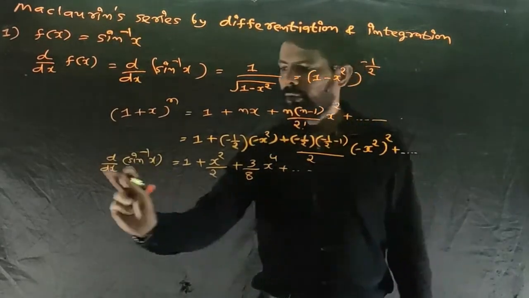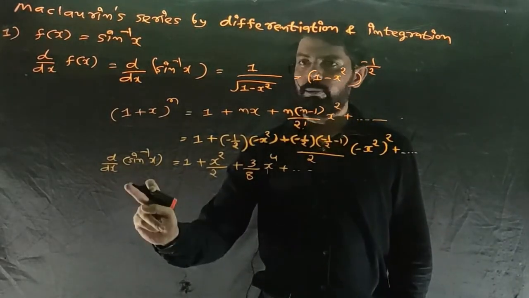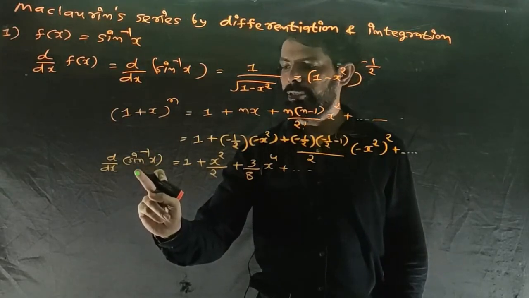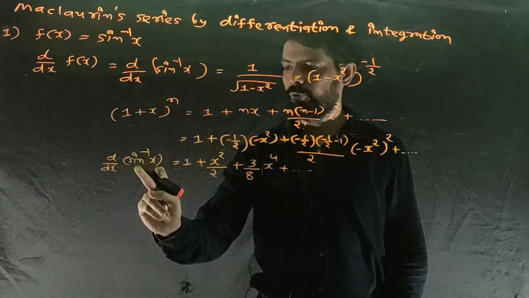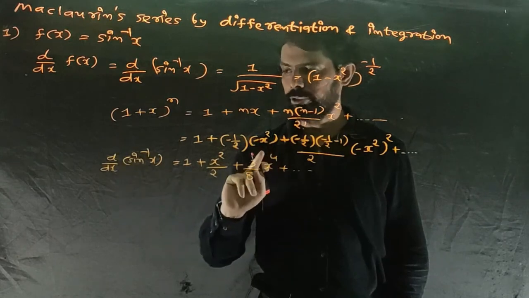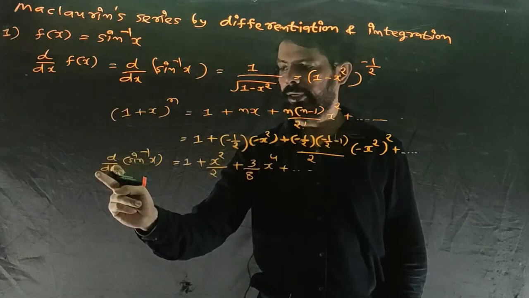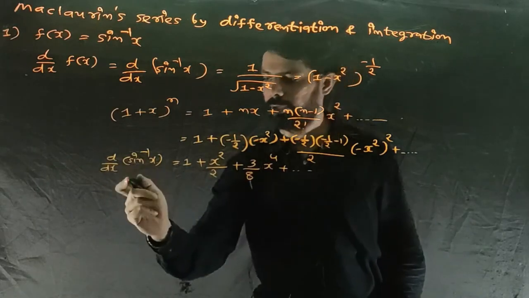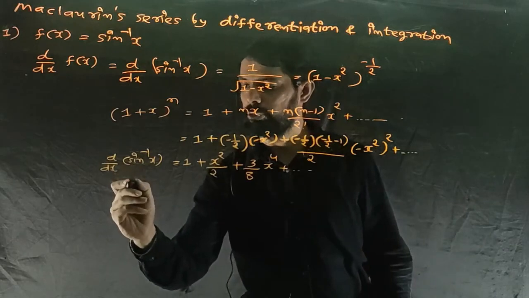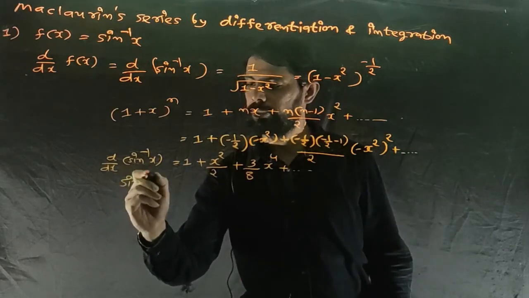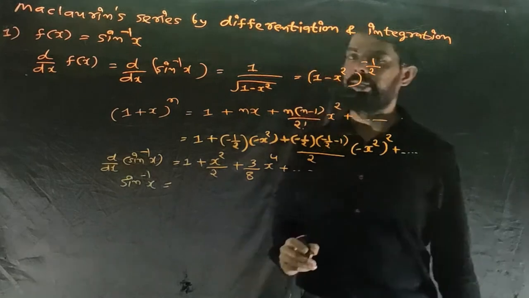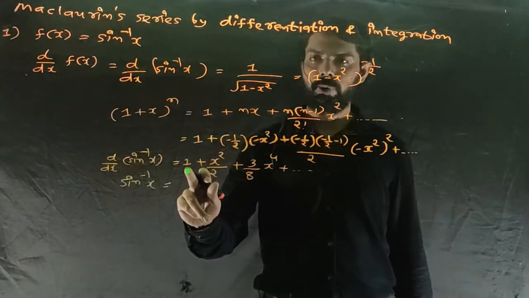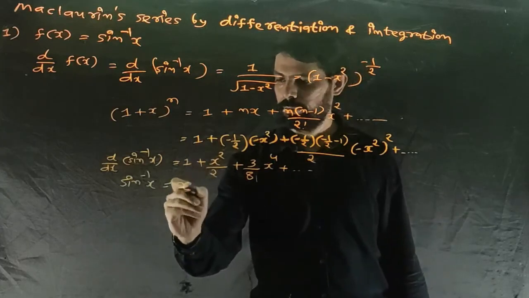Now here we will take integration on both sides, because we have to find the Maclaurin series of sin inverse x. So taking integration on both sides, since here it is a derivative, we will get the same function, that is sin inverse x. Then the integration of 1 with respect to x is x.